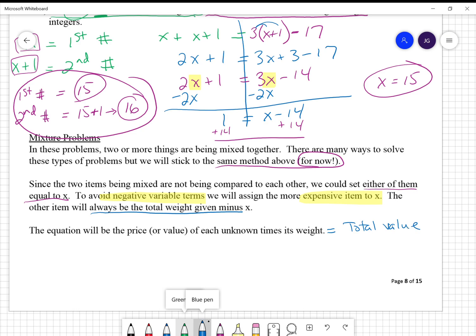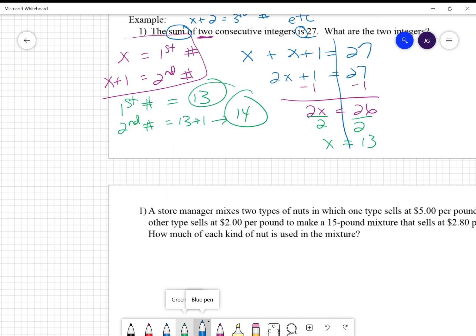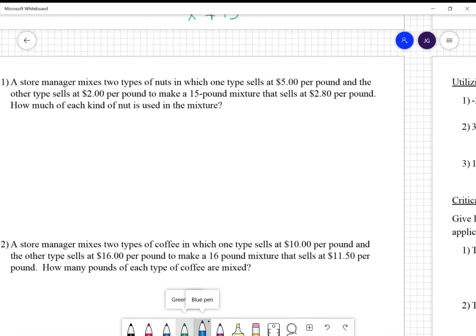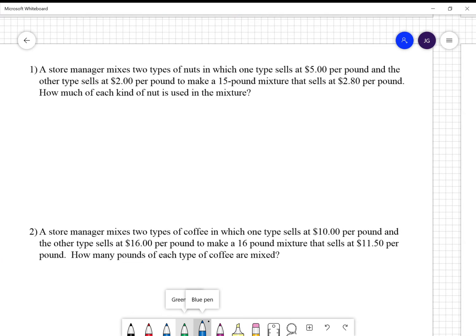All right, so this is a little ambiguous, kind of hard to see, so we're going to do some word problems. A store manager mixes two types of nuts, in which one type sells at $5 per pound and the other type sells at $2 per pound. I'm going to make a 15-pound mixture that sells at $2.80 per pound.